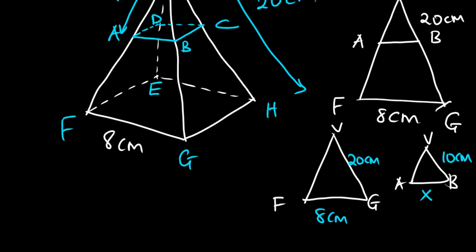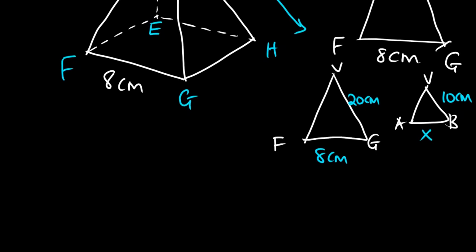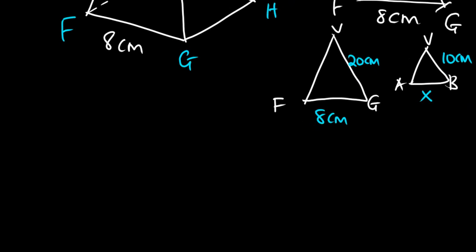So we said that when we talk about the linear scale factor, if we take one length of the big triangle and the same length of the small triangle, that ratio is the same as if we took any other length on the big triangle and the corresponding one on the small triangle. So what do I mean?